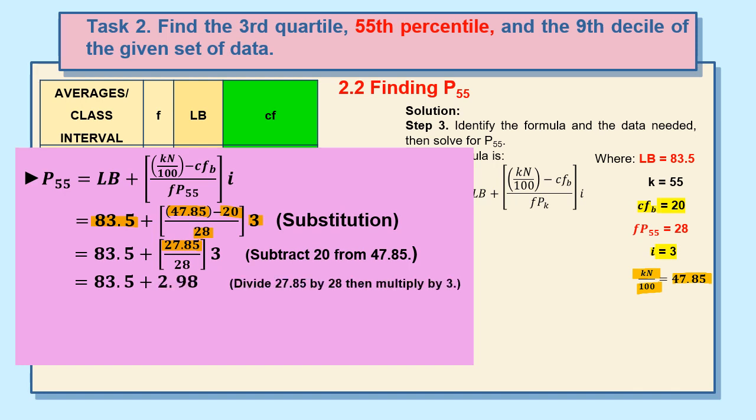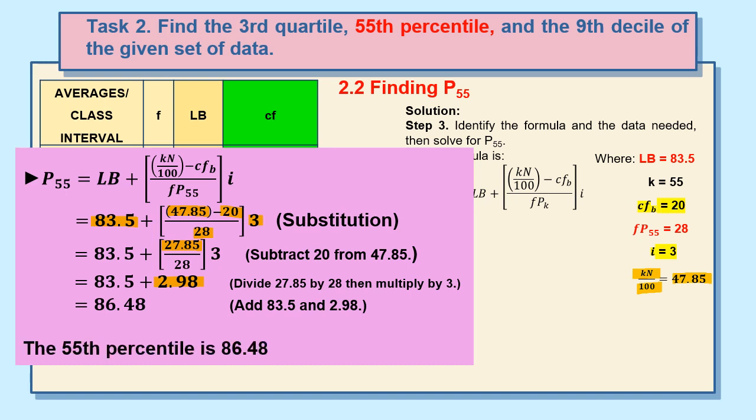Then we have 83.5 plus 2.98. The 2.98 came from 27.85 divided by 28, multiplied by 3. Then we add 83.5 and 2.98, so we have 86.48. Thus, our 55th percentile is 86.48.